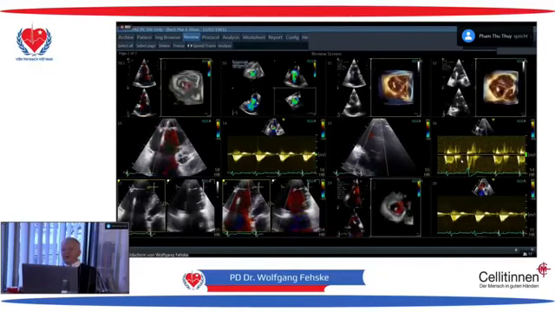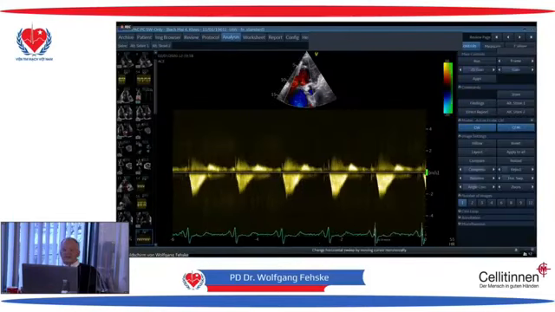Okay, so let's concentrate a little bit, because this is the pulmonary artery and this is the tricuspid regurgitation flow. From a triangular form of the tricuspid regurgitation, we can always see that this patient has a very severe tricuspid regurgitation because it is not possible to sustain the regurgitation throughout systole.